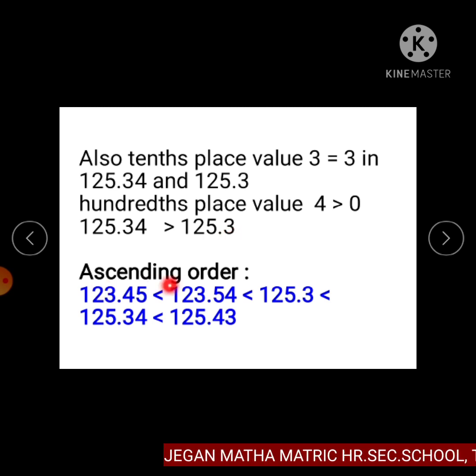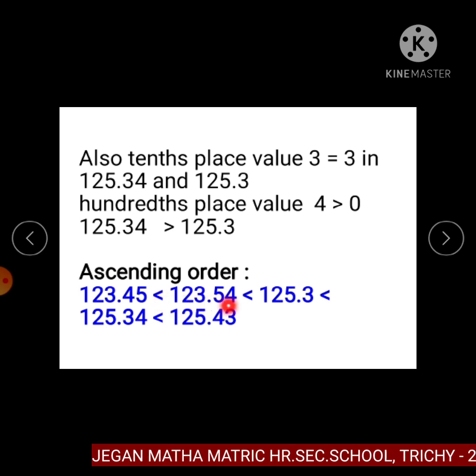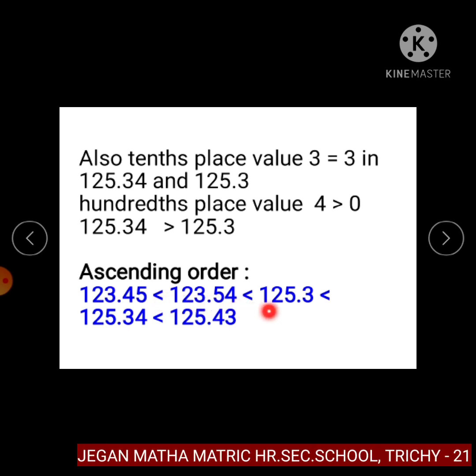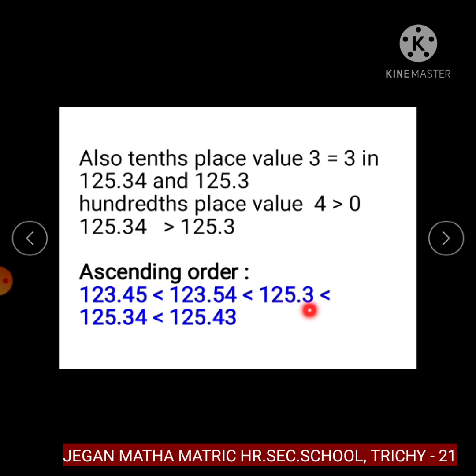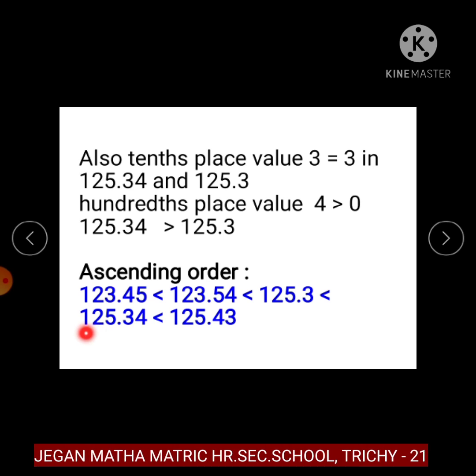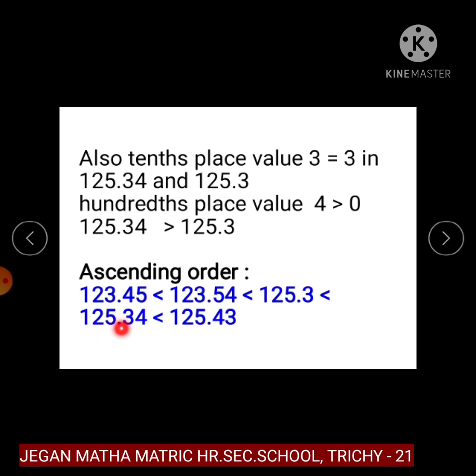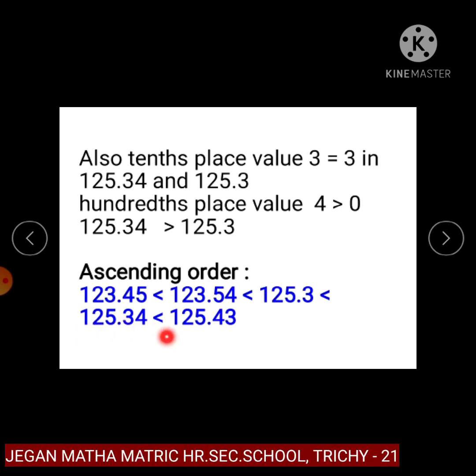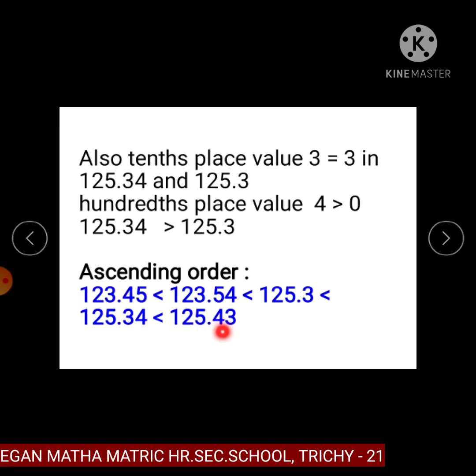So, the ascending order of the given numbers is 123.45 is less than 123.54, is less than 125.3, is less than 125.34, is less than 125.43.